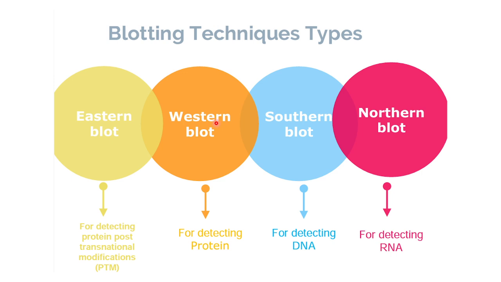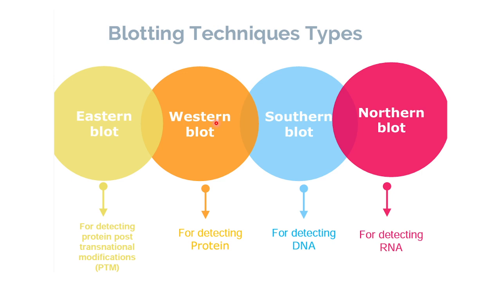So there are different blotting techniques and types of blotting that we can use. We have the eastern blot, western blot, southern blot, and the northern blot. Like in a compass, you have north, south, east, and west. So for blots also, we have different types of blots: the eastern blot for detecting protein translational modifications, the western blot for protein detection, the southern blot for detecting DNA, and the northern blot for detecting RNA.